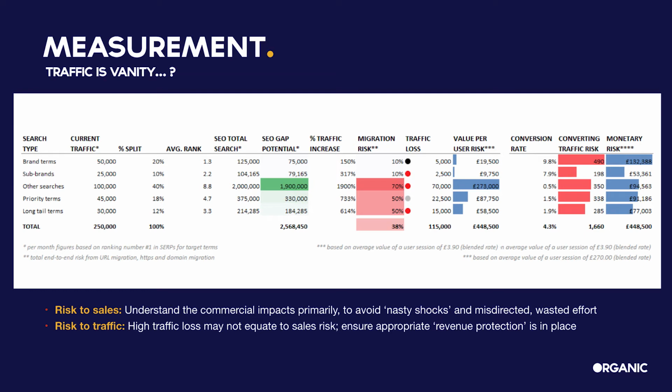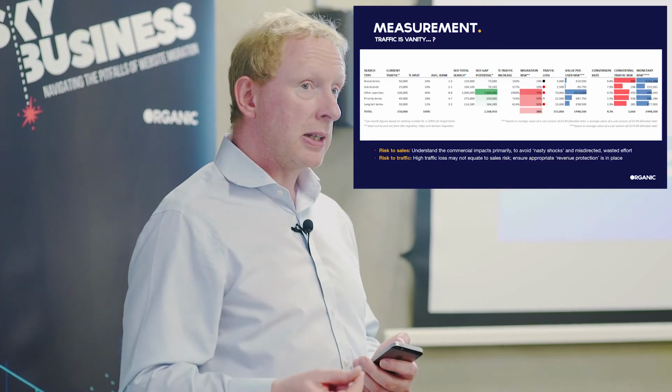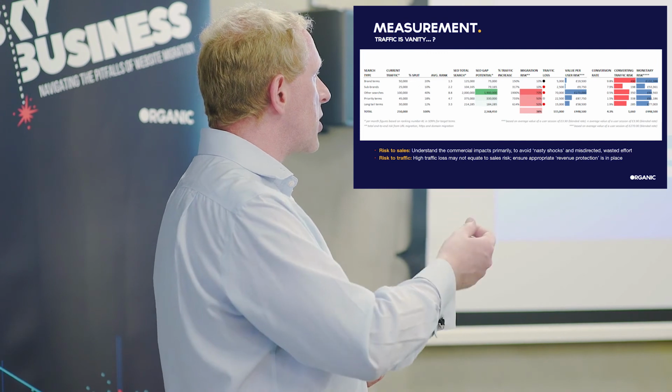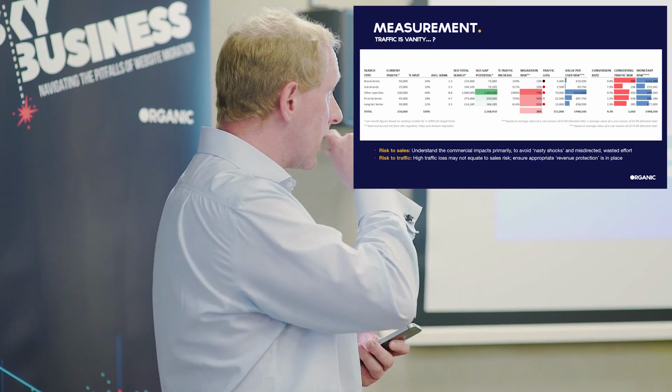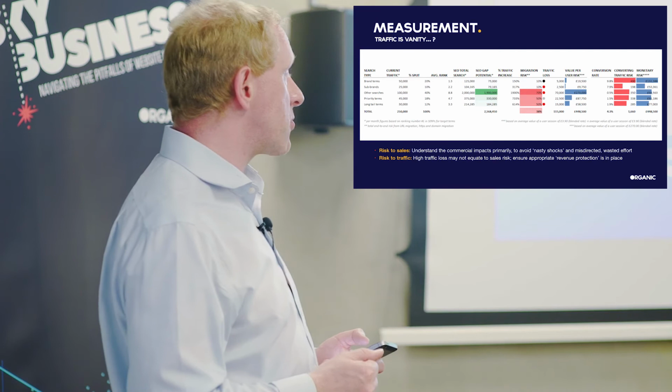If you don't have an understanding of what is the most beneficial traffic and keywords to your site, you may think that the other searches present the highest risk from migration, and in fact they do. And if your value you're putting on each individual user, that would also seem to be the greatest monetary risk.